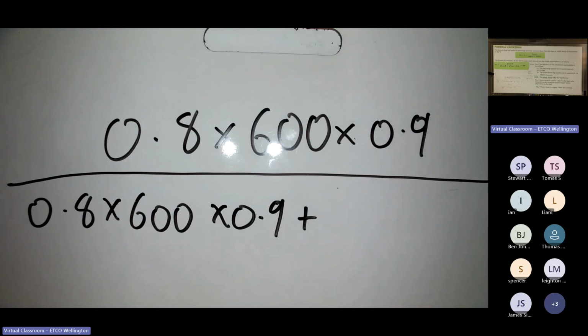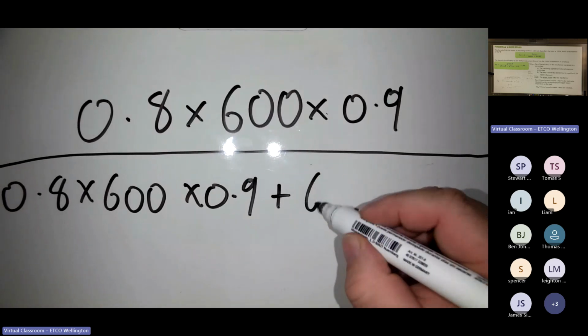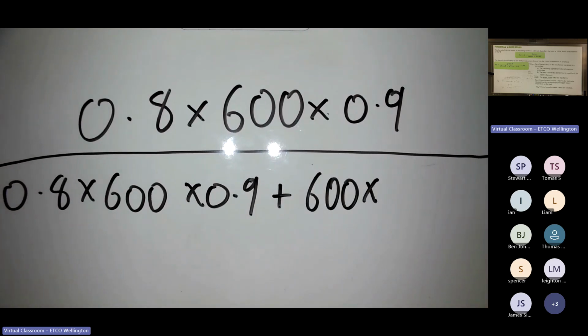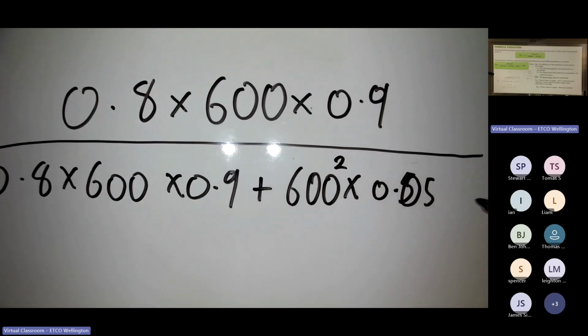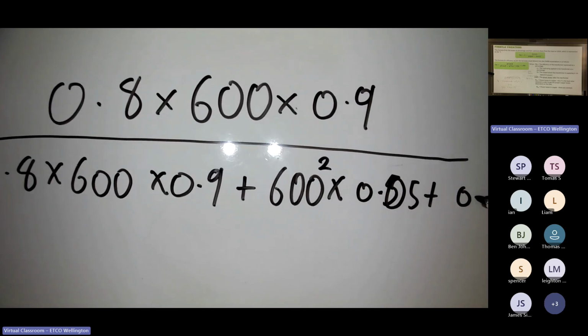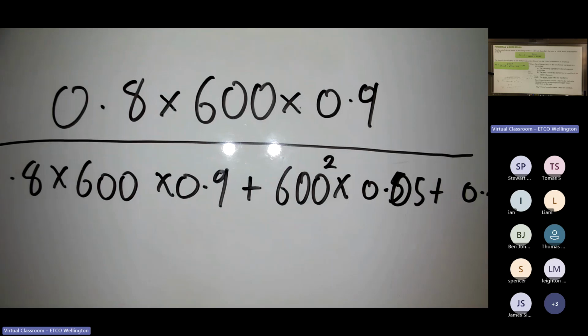And then we're adding in our copper losses. Nope, it's the load. I screwed up on the first one, that's my bad. So it's actually plus 600 squared times the copper losses, which we're going to put as 0.05, plus the iron losses of 0.6.